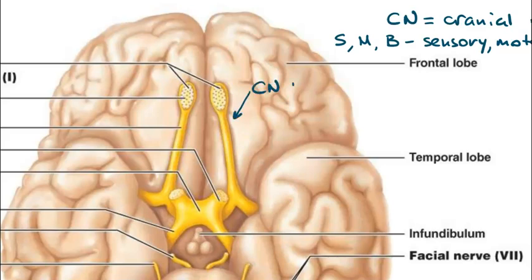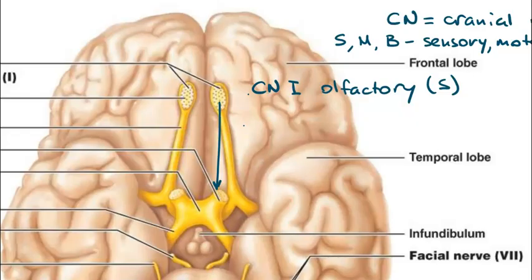Sounds good? So we're going to start with this guy. This is cranial nerve 1. By the way, follow the pattern. I'm going to show you by arrows how you should count them. So cranial nerve 1, olfactory, smell, sensory. From here you get to this nerve.